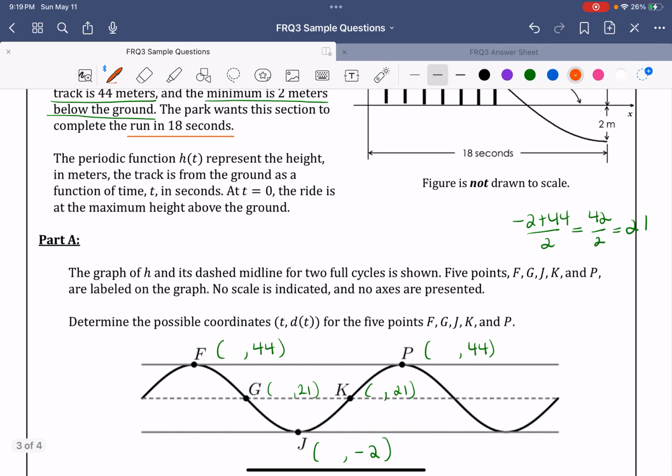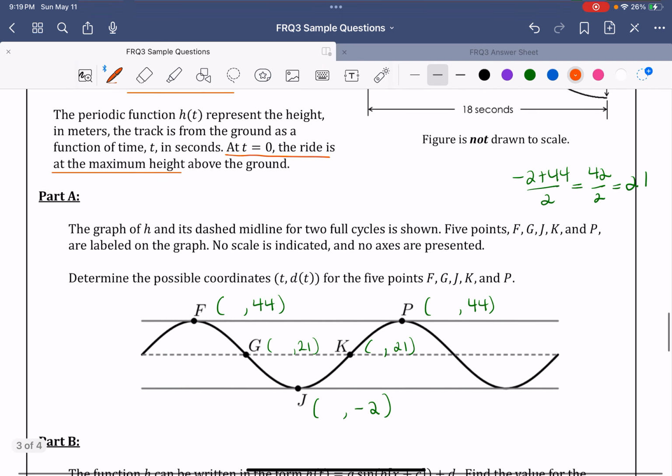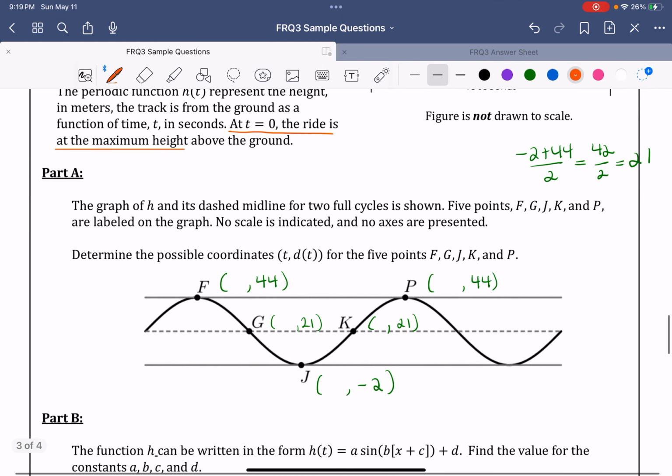Okay, another part that we need to pay attention to is it says at t equals 0, the ride is at a maximum. So the first maximum that I see is F. So I'm going to call that one 0. And then we just said that it needs to take 18 seconds to get to its minimum, and an additional 18 seconds to get back to the maximum. And then that would keep continuing to happen.